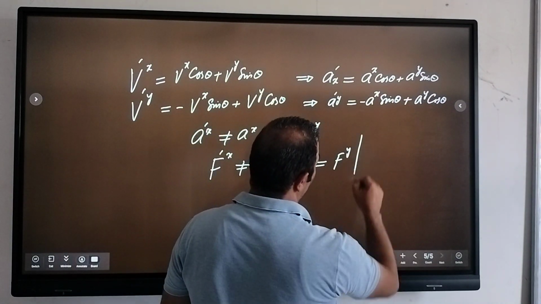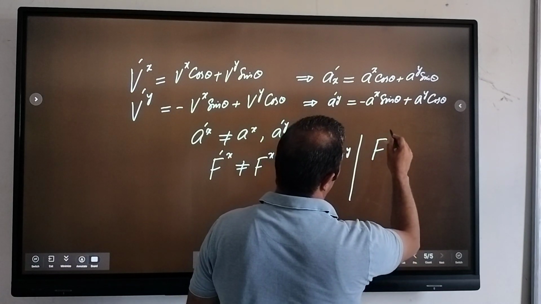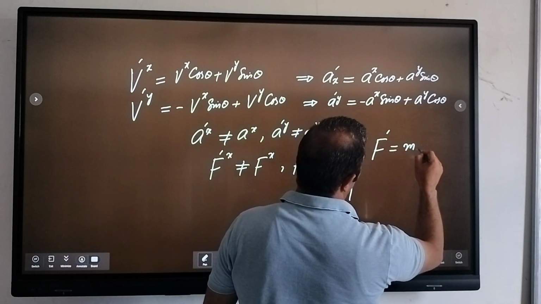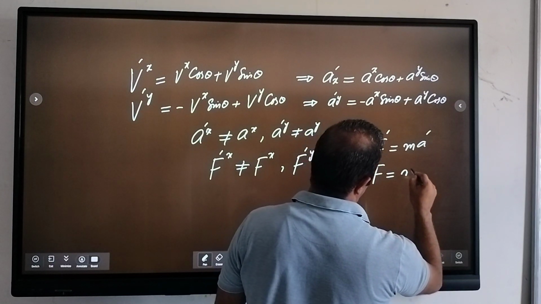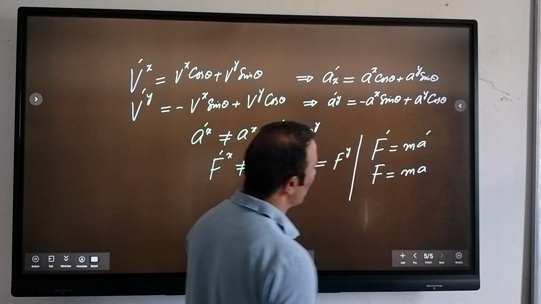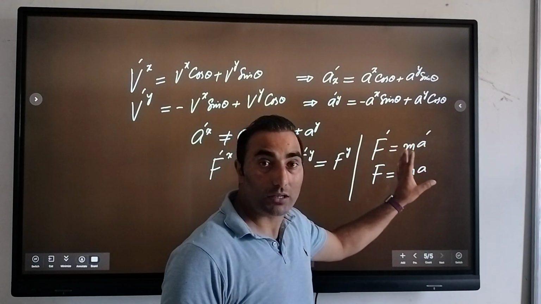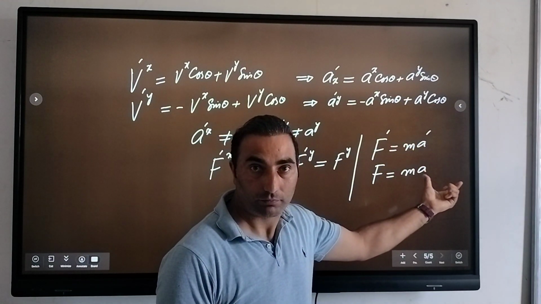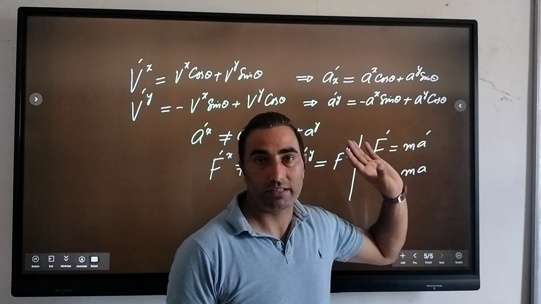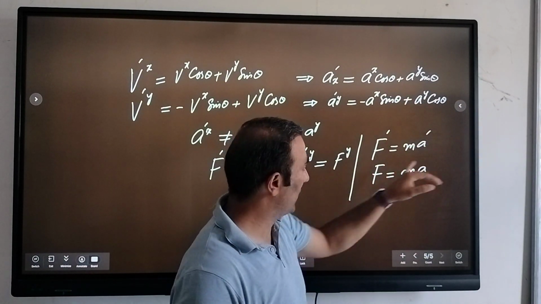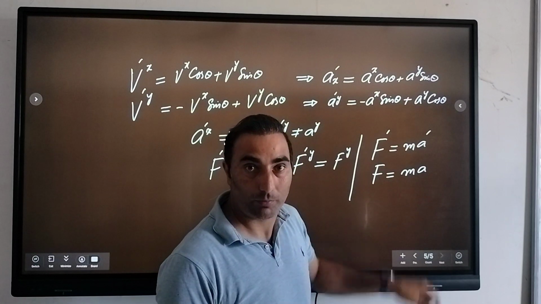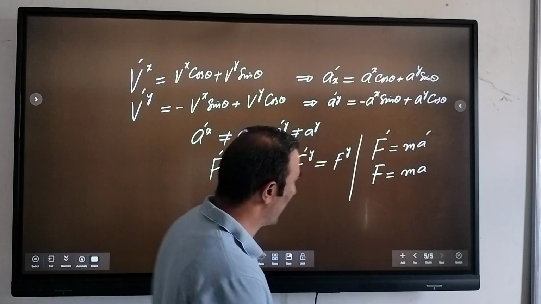So that means I can have F prime equal to m a prime, and F equal to m a, right? So this is Newton's law, the form of the equation in both the frames remains the same. So this is valid in the primed frame, and this is valid for the unprimed frame.